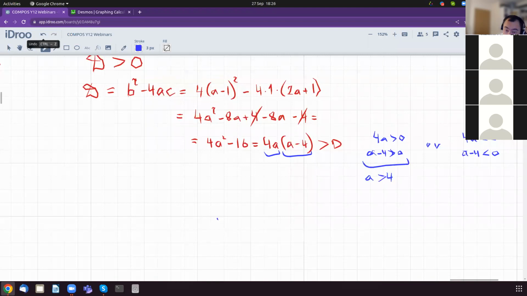Or a is less than 0 and a is less than 4, which means a is less than 0.